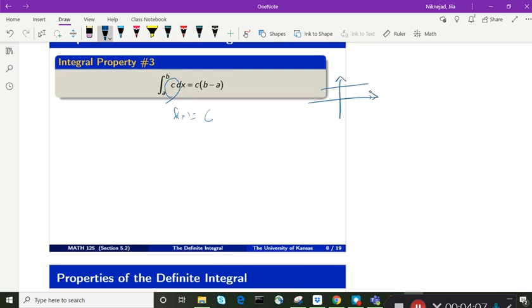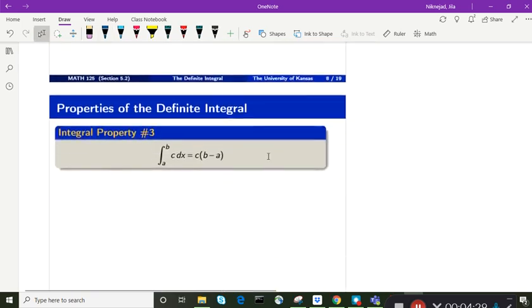And so if I'm computing the area between a and b in here, then I will have that rectangle. And what is the area of that rectangle? It's going to be the y value for the function, which is c, times b minus a. So for a constant function, that's what you get.